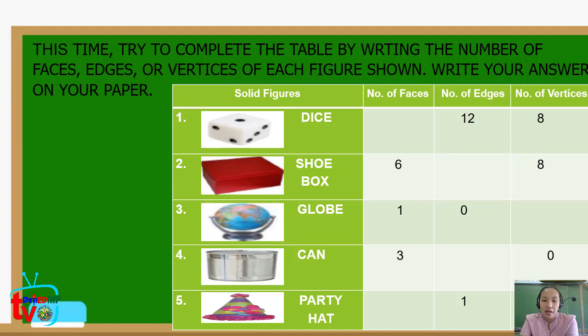Number 3 here is a globe. It has 1 face, 0 edge, and blank vertices or blank vertex. Number 4, this is a can.